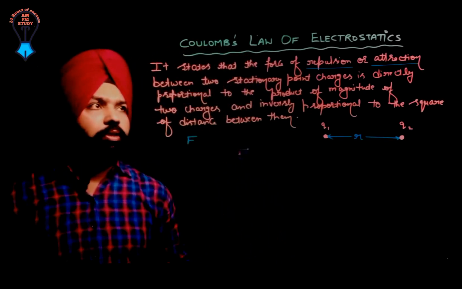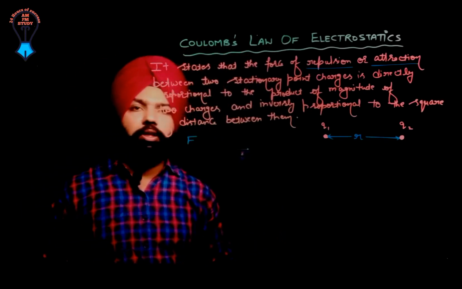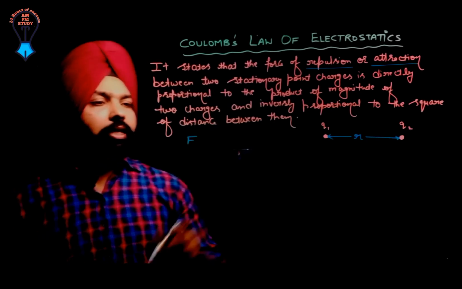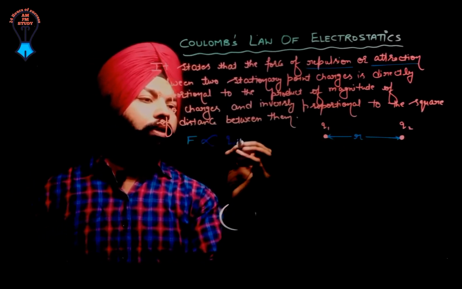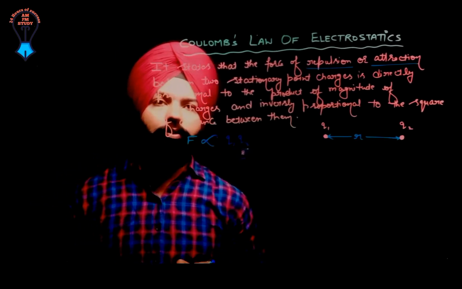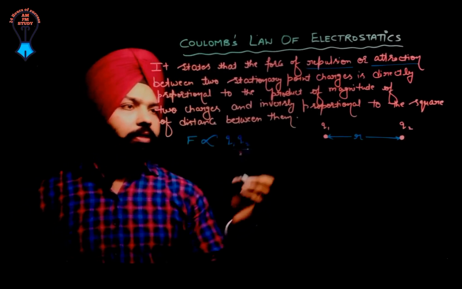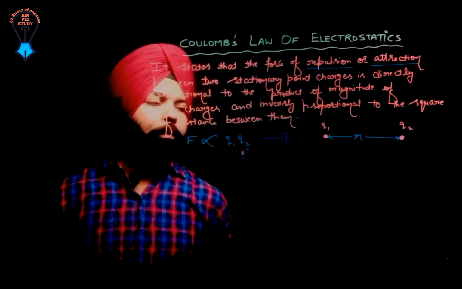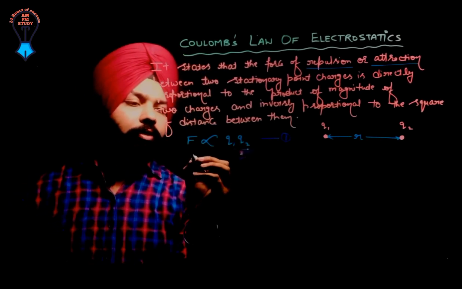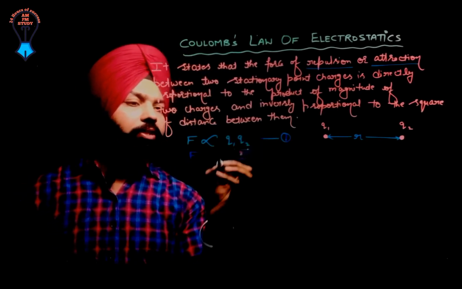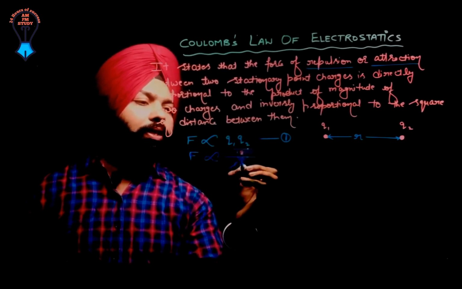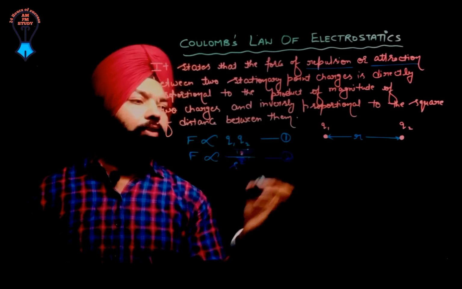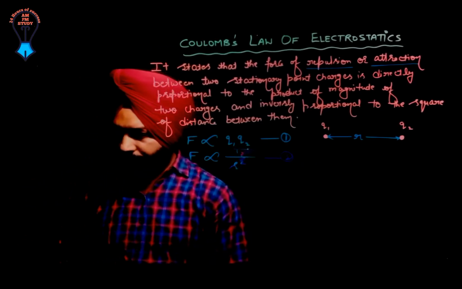So this force, either force of repulsion or force of attraction, is directly proportional to the product of magnitude of two charges. Say this is equation number 1. And force of attraction or repulsion is inversely proportional to the square of distance between them. Suppose this is equation number 2.